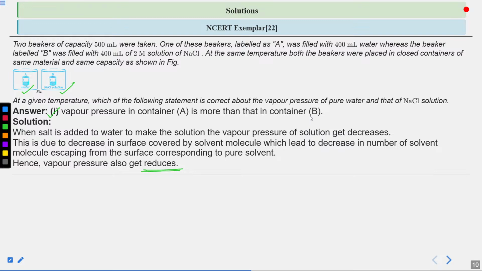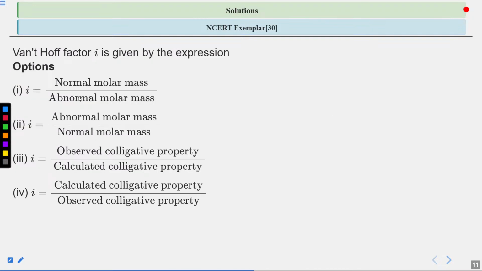Okay, now let's move on to the next one. This question asks that the Van't Hoff factor, which is i, is given by the expression. So you simply have to tell the formula by which we describe the Van't Hoff factor represented by i.